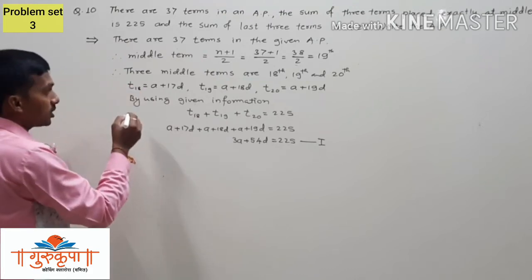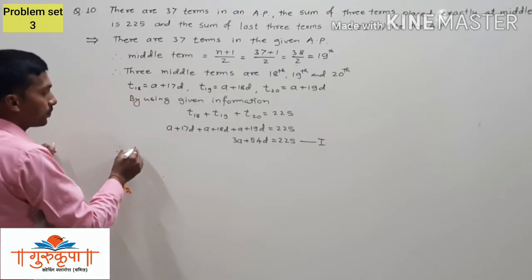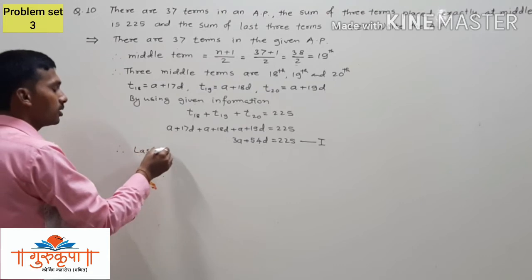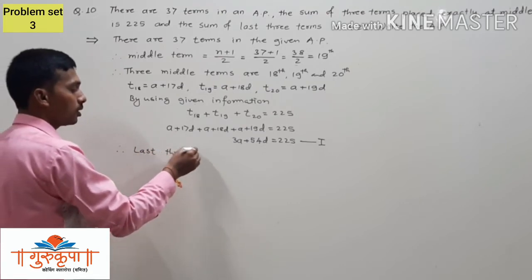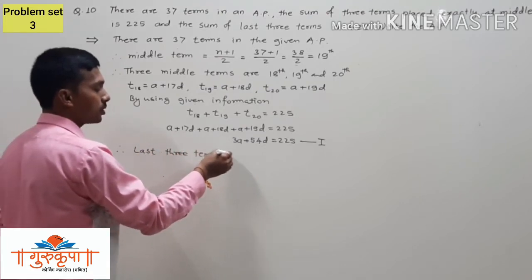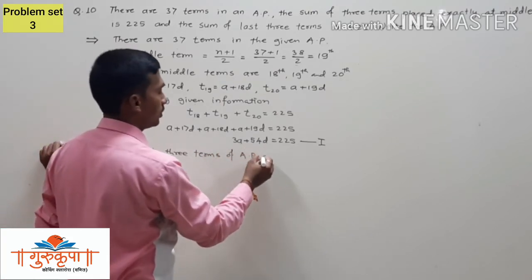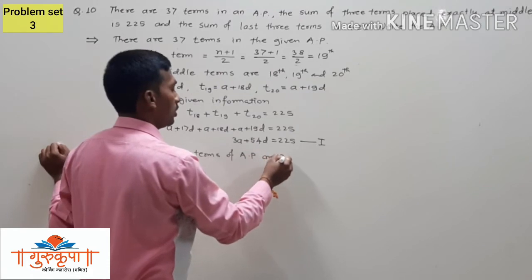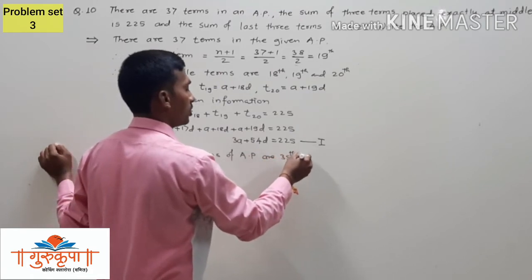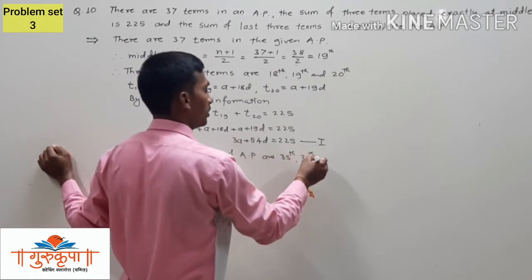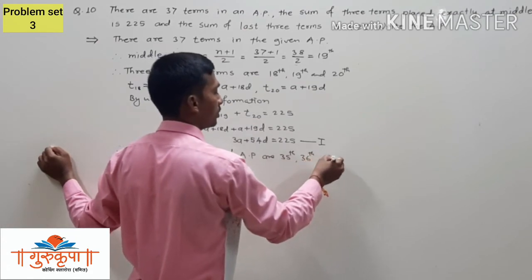So the last 3 terms of the AP are the 35th term, 36th term and 37th term.